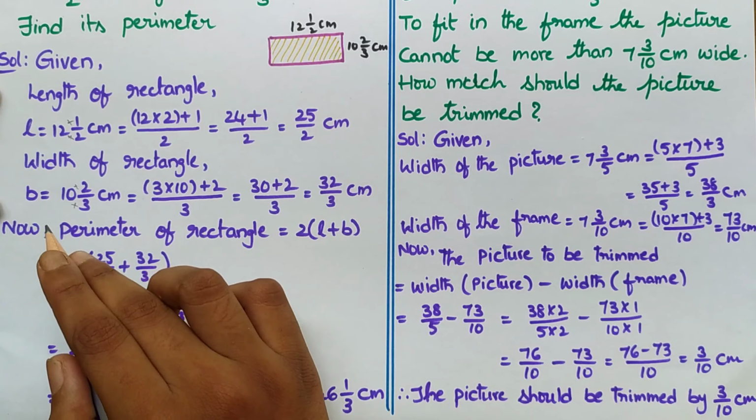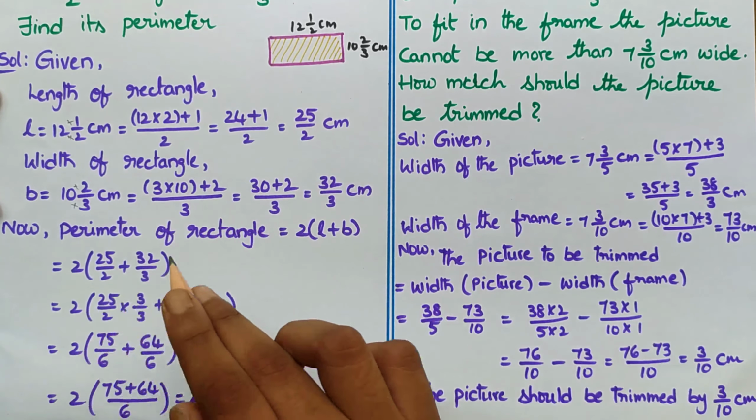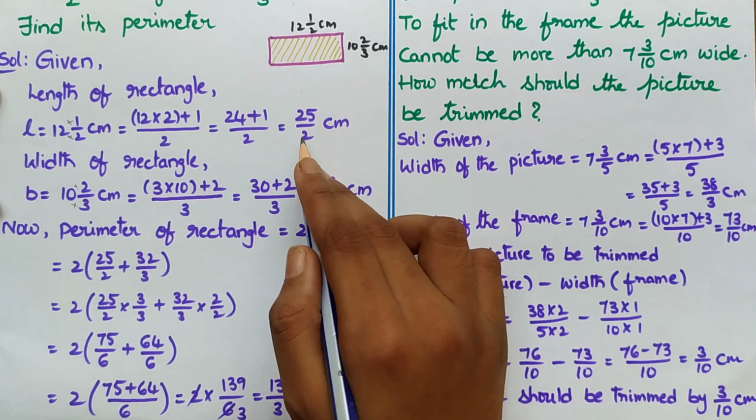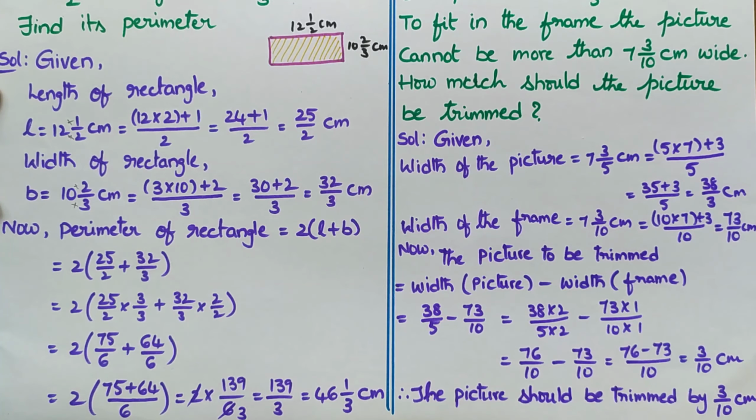So B is equal to 10 2/3 centimeters, and by converting it into an improper fraction, we get 32/3 centimeters. Therefore, L is equal to 25/2 centimeters and breadth is equal to 32/3 centimeters.